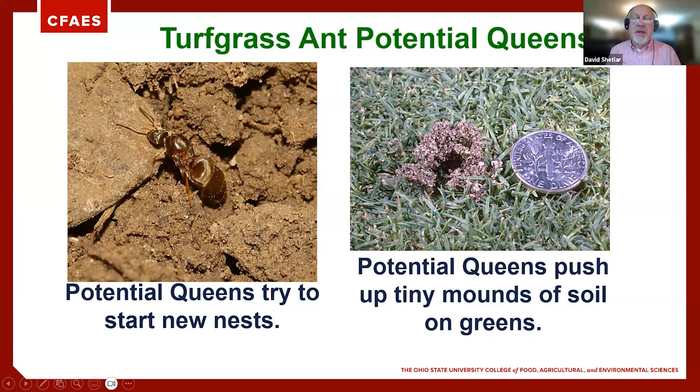But again, this can be a real nuisance. Usually they're one-time events. Like I said, the night after a rainfall event, the next morning you might have anywhere from a couple to dozens of these on the green. Again, brush them off or mow them off, and there shouldn't be any more the next day.